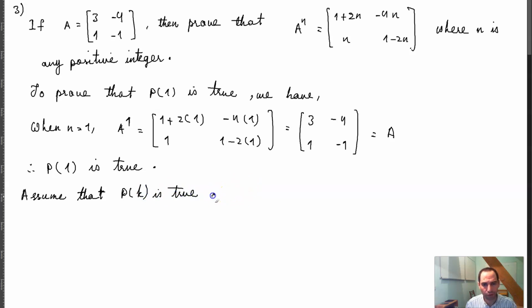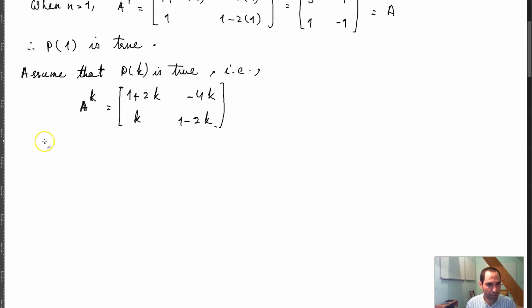That is, A raised to the power k is equal to 1 plus 2k, negative 4k, k, and 1 minus 2k. If I can make that assumption, then let's prove the next step.